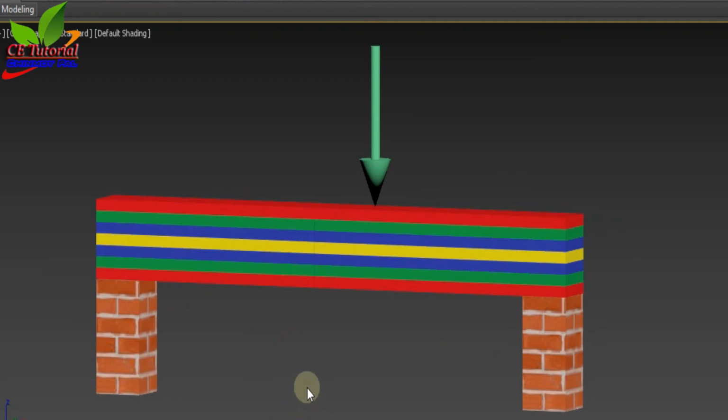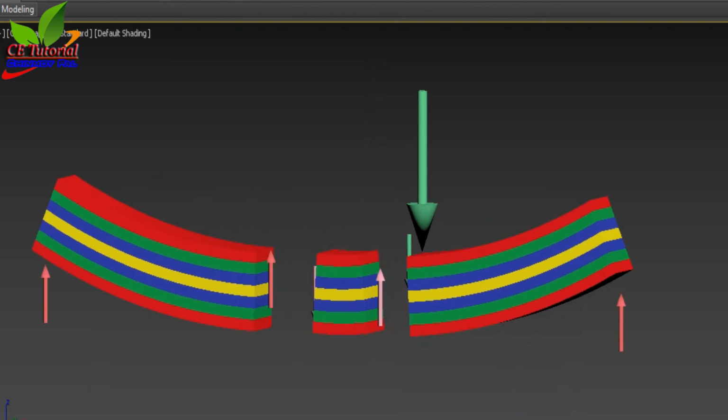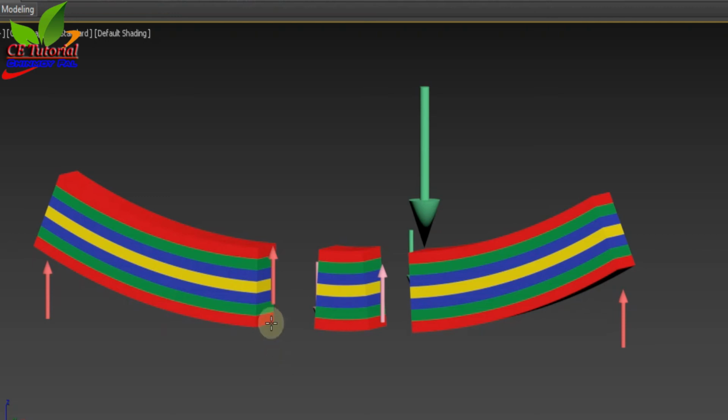Now, if you draw the shear force diagram, the shear force will be positive at the left hand side of this point load. Just assume two cross sections and see what is happening. One upward tangential force will be created due to the reaction.